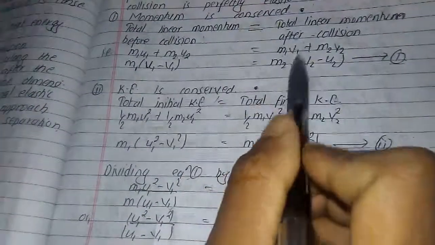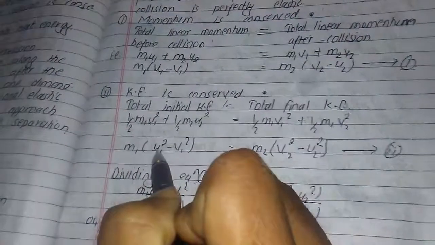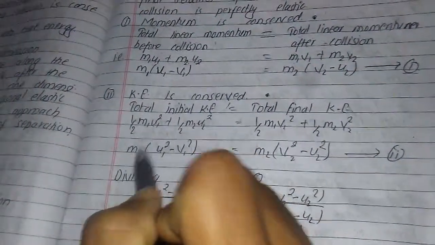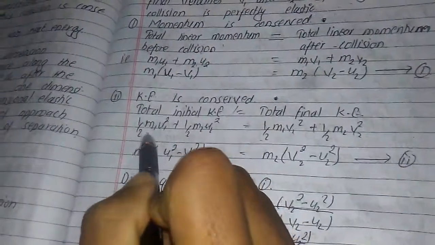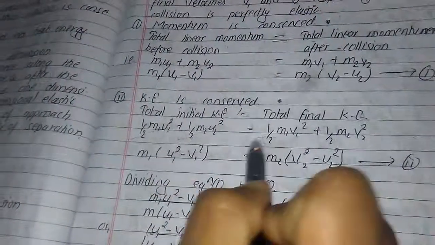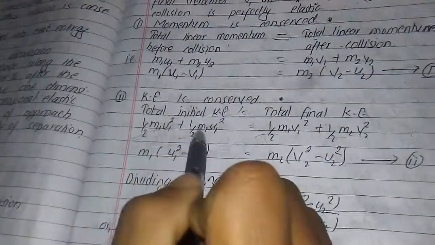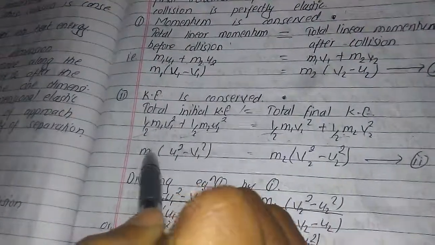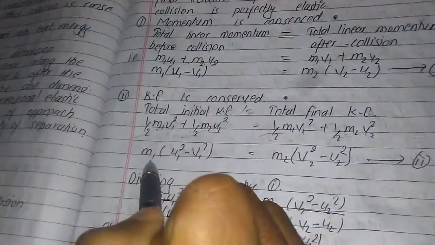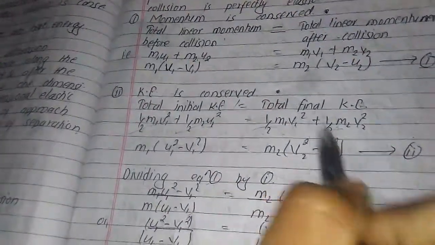Again, in this process, taking m1 v1 to the left-hand side, taking m common, the 2s cancel, only one remains, and taking m2 to the other side, m common, u square minus v square equals m2 (v2 square minus u2 square), as in the above process.